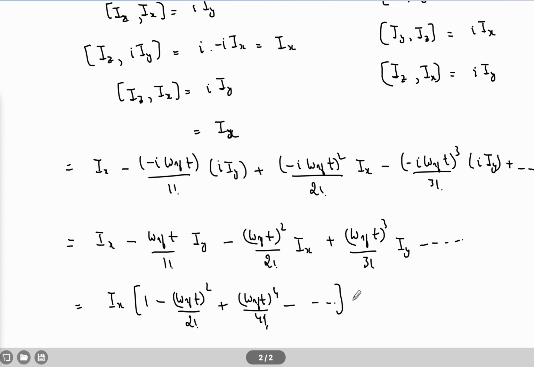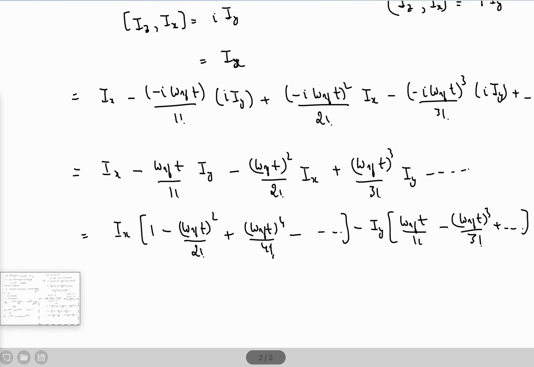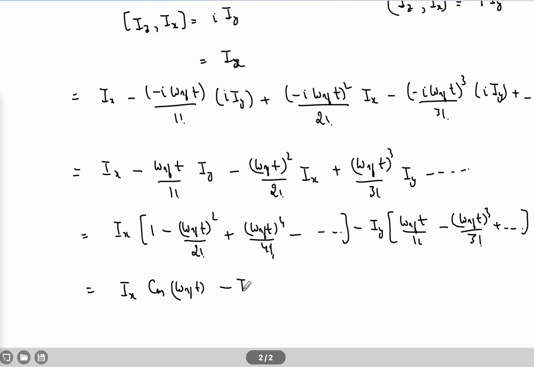And then similarly, for y, I can take minus iy out, so I will be left with omega rf t divided by 1 factorial minus omega rf t cube divided by 3 factorial, and so on. Right? So if you notice, this is nothing but cosine series and sine series, right? So this is Ix cos omega rf t minus Iy sine omega rf t.